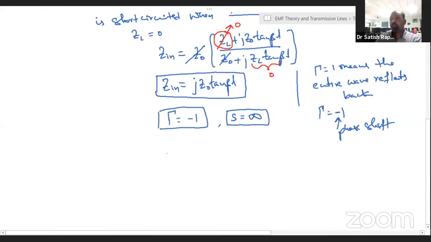And one more thing, you can draw the variation of input impedance.